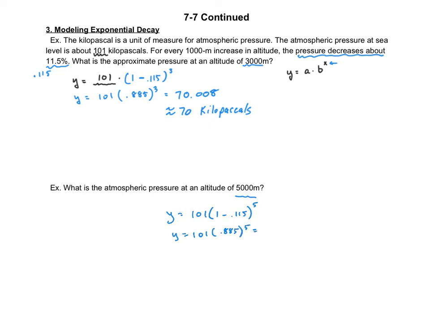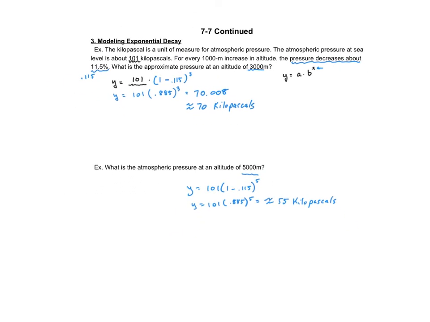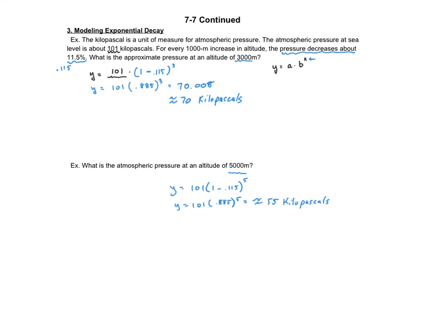And that should come up to approximately 55 kilopascals when you put it into the calculator. And that is using exponential growth and decay.